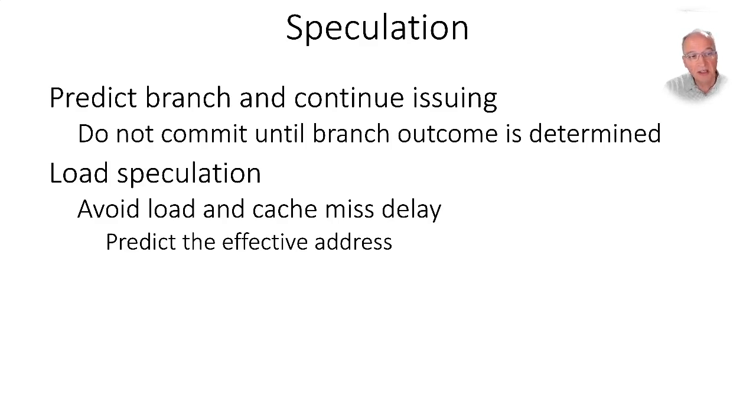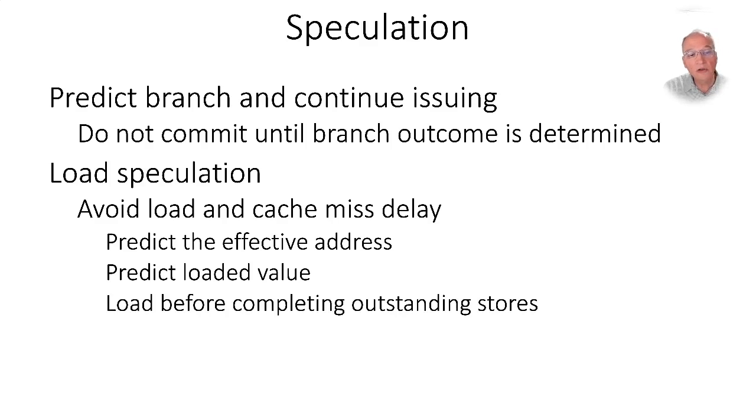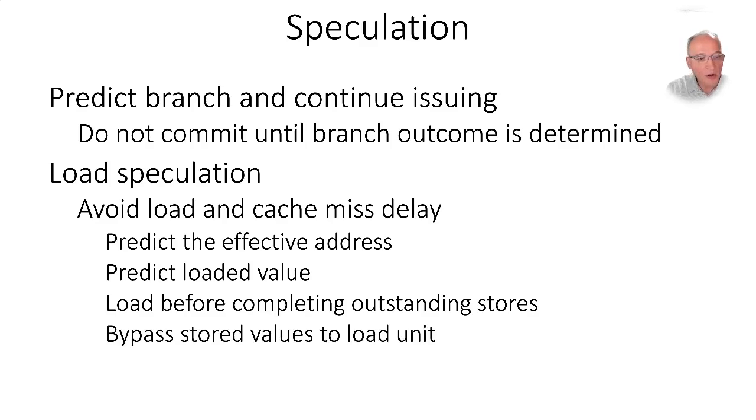So I can predict, for example, the address that the load is going to access without knowing the actual address, or I can predict the value of the load, or I can load before completing an outstanding store, or I can bypass stored values to the load unit.